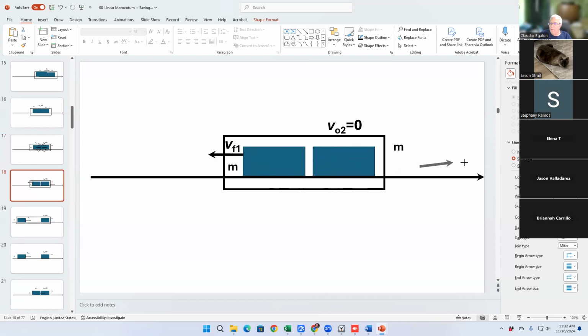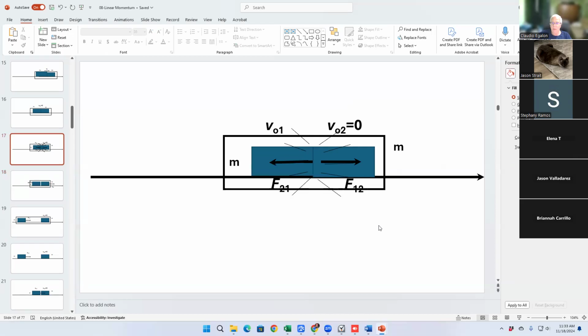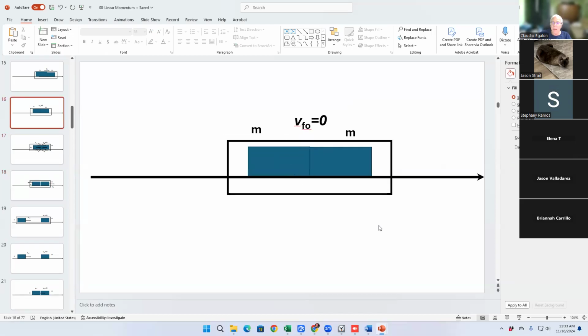What's going to be the V final of 2? V final of 2 is not necessarily equal to 0. Their initial velocity, yes, is going to be equal to 0.